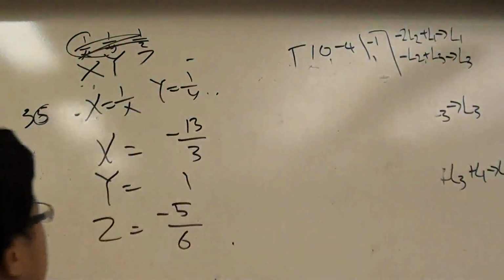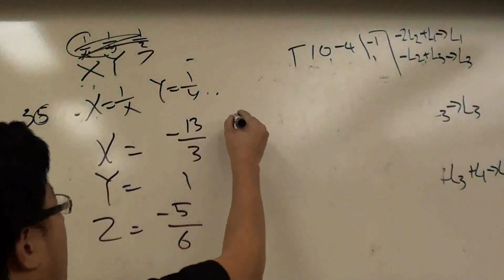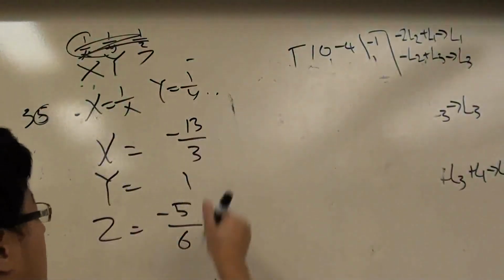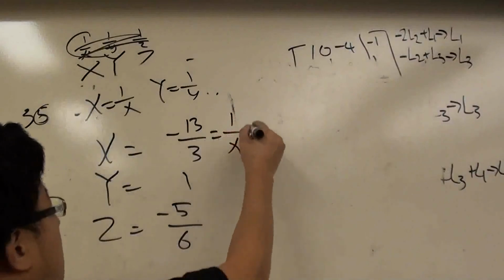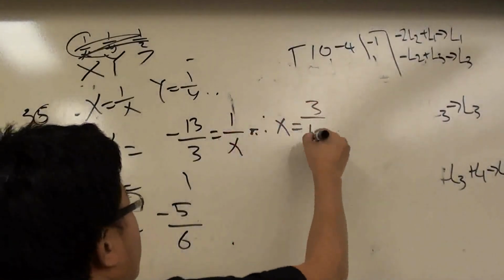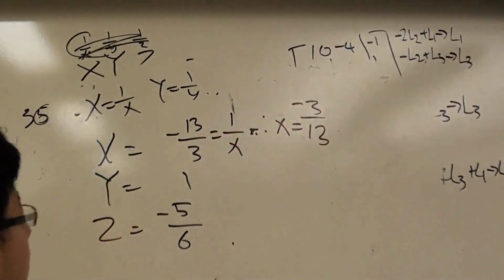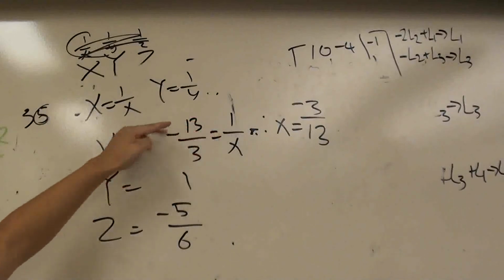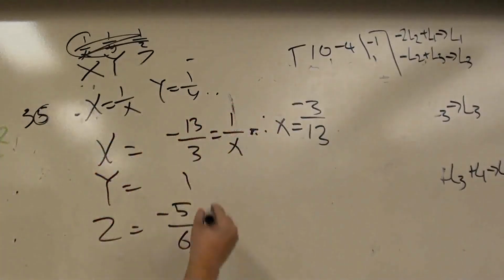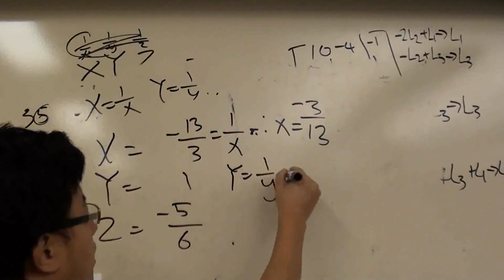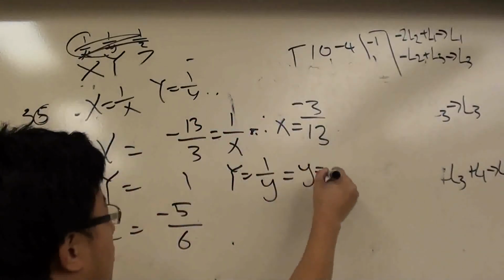So if that's the case, then x, which equals 1 over big X, hence x is negative 3 over 13, right? Because you've inverted it. Y doesn't really matter that much.